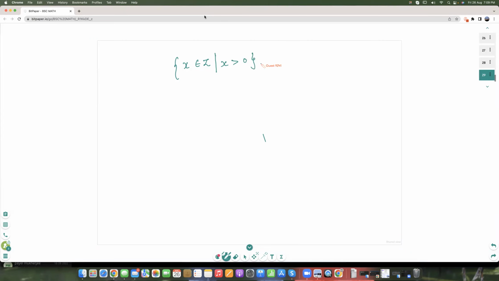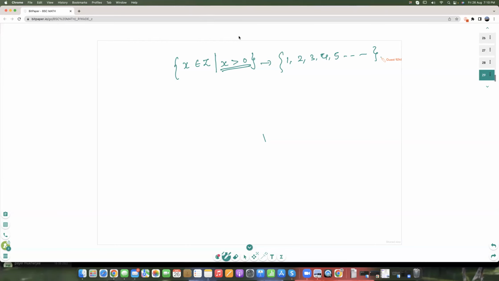It definitely belongs to all integers, like 1, 2, 3, and X is greater than 0, so it can be infinite. We'll not consider 0 at this time because X is just greater than 0, not equal to 0. Correct? Okay, sir.